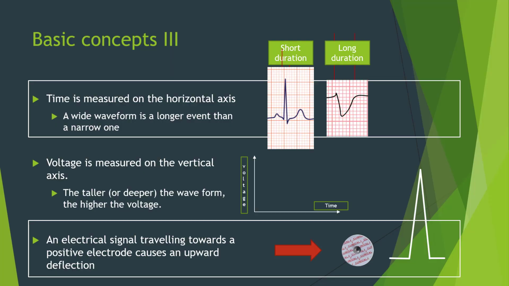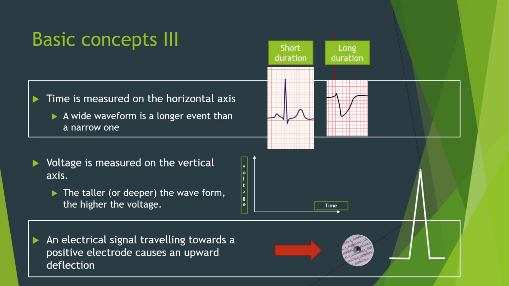So the inference we can take from this is that the wider a waveform is, the longer it's taken to occur over. So the last of these basic concepts that we're going to review is that a signal that moves towards a positive electrode produces a positive deflection on the ECG paper, and one that moves away from that electrode will produce a negative one.